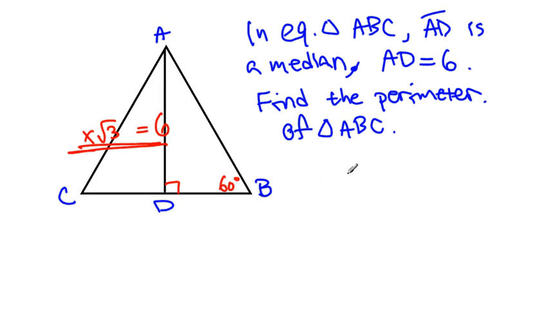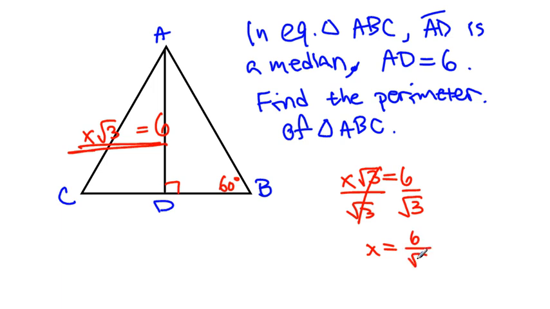Then here we have x square root of 3 is equal to 6. Then what are we going to do? Divide by square root of 3. Then you will realize that x is simply left with 6 over square root of 3. Now, in this case, you can multiply top and bottom by square root of 3. And you get 6 square root of 3 over 3. When 3 cancels out, our final answer becomes 2 square root of 3.